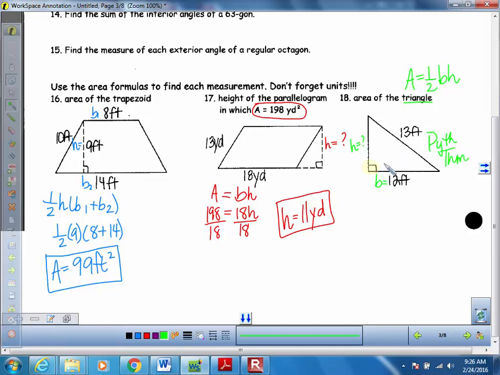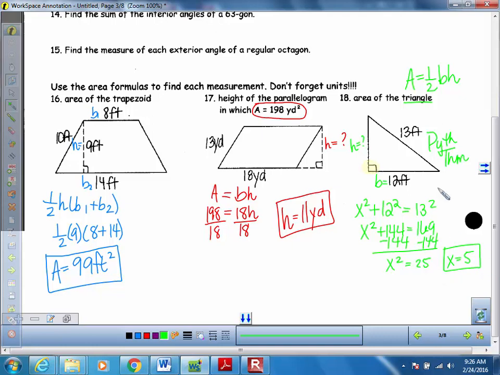So we would do a squared plus b squared equals c squared. I'm going to let our height be x, so x squared plus 12 squared equals 13 squared. That would give me x squared plus 144 equals 169. I could subtract 144, and that gives me x squared equals 25, which means my height is going to be 5.